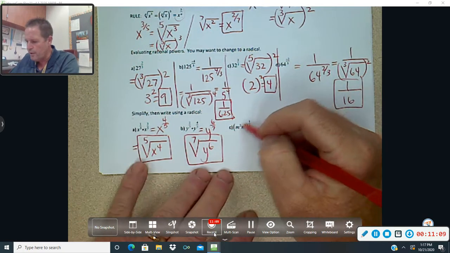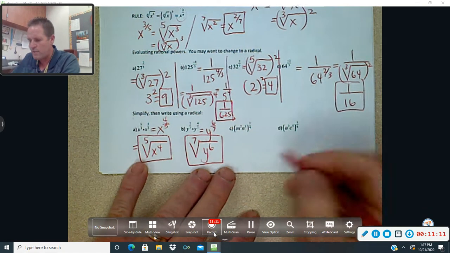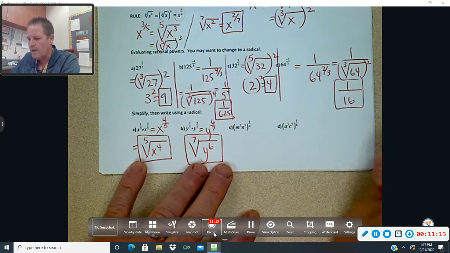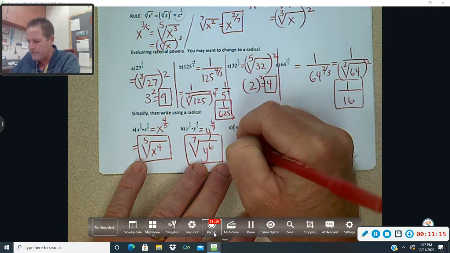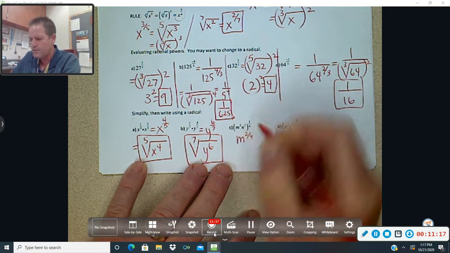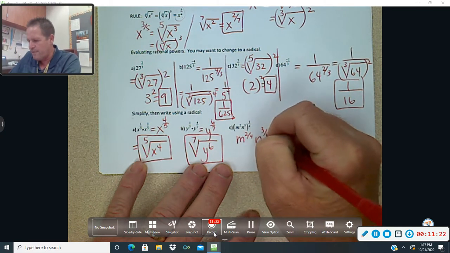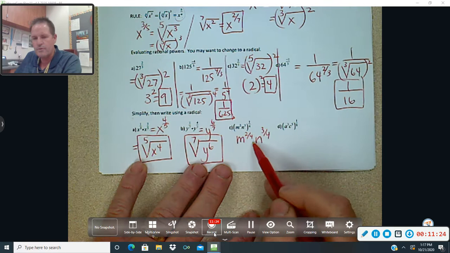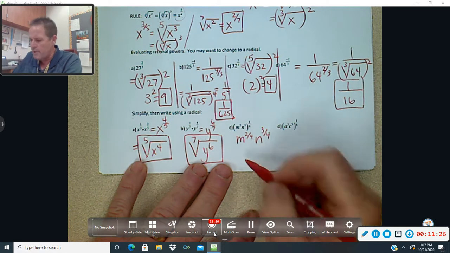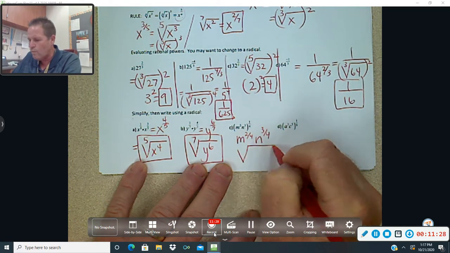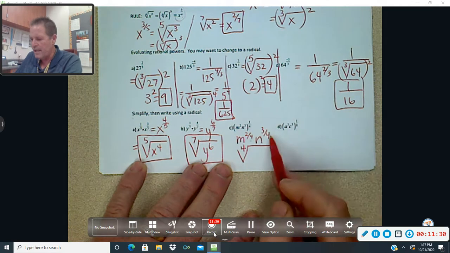Now, power to a power, you multiply the exponents. And I'm going to leave them with a common denominator here. So I'm going to actually make this m to the 2/4. I'm just multiplying 2 times 1/4. n to the 3/4. I'm not going to reduce that. And the reason that I'm not going to reduce it is because I can write it then as one radical with an index of 4.